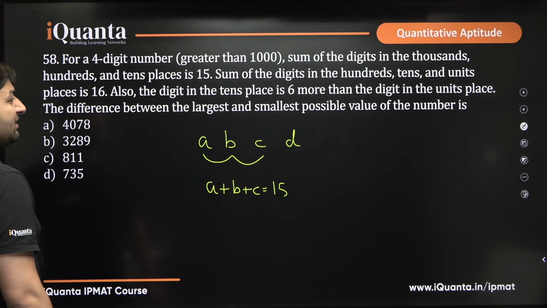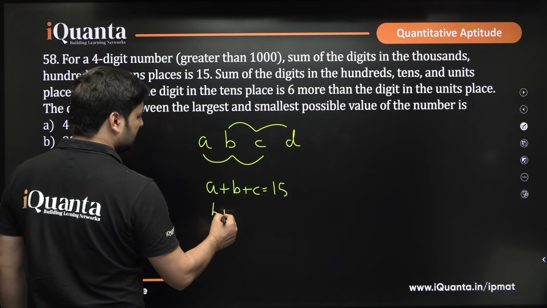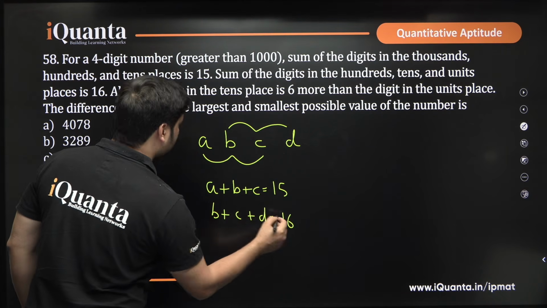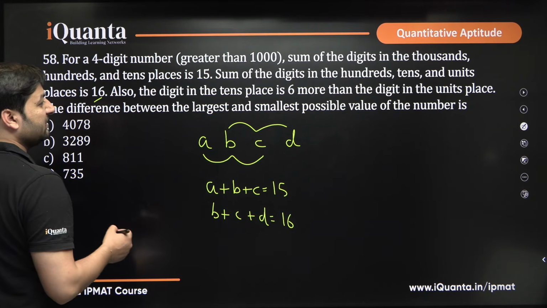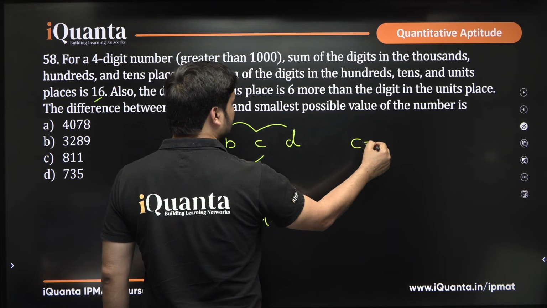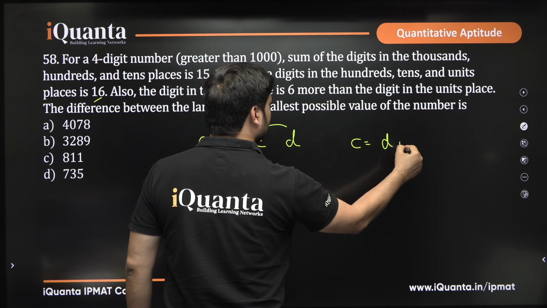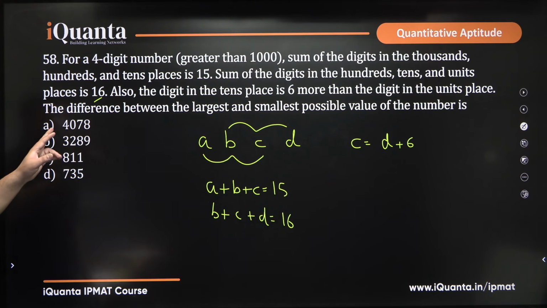Sum of the digits in the hundreds, tens, units place, that means B plus C plus D, is 16. Also the digit in the tens place is 6 more than the digit in the units place. So the digit in the tens place is C, that is 6 more than D, so C will be D plus 6. I hope this much is clear.